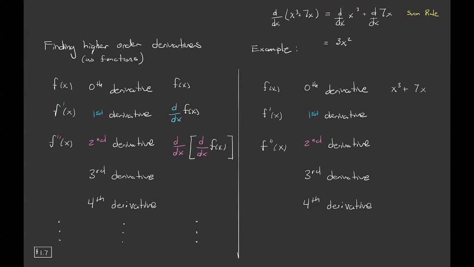And depending how you want to look at 7x, you could think of it as just a line through the origin with slope 7, obviously. So you can just see that it's going to have a tangent line with slope 7 no matter what. Or you can use some of the algebraic rules, namely the constant multiple rule, and then the rule that the derivative of x with respect to x is 1.